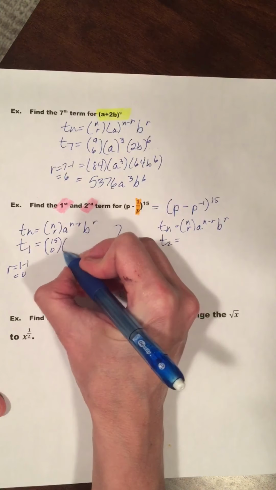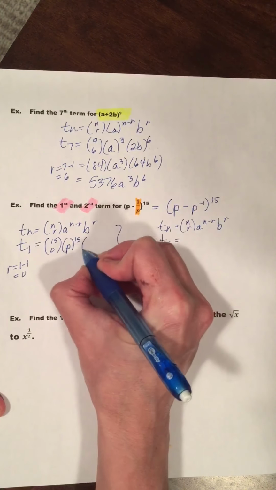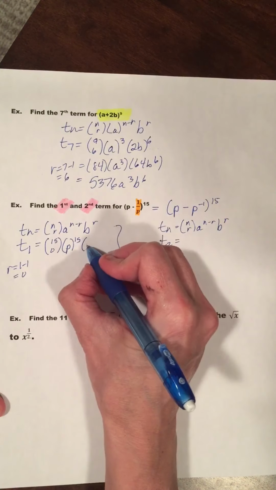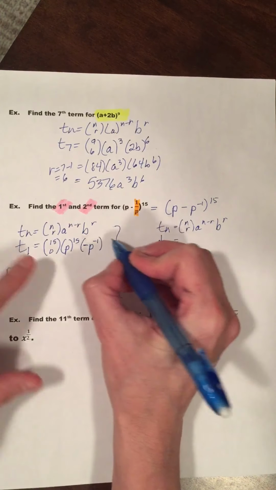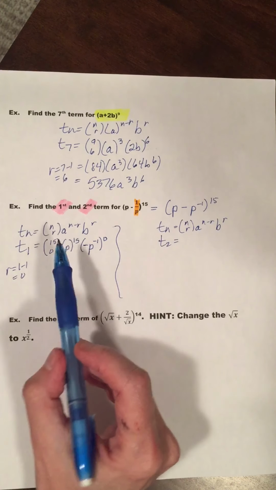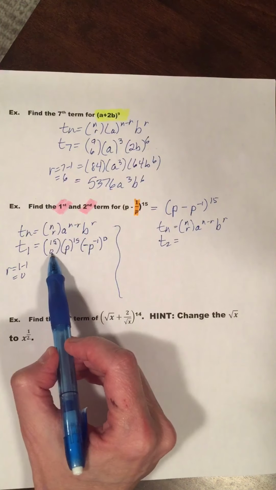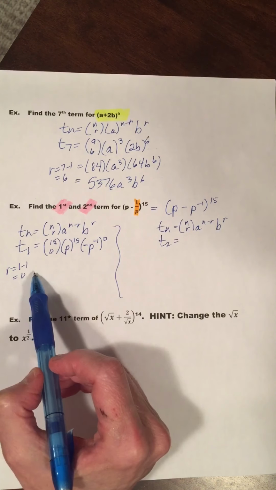a represents the p, 15 minus 0. Your b value is negative p to the negative 1, to the exponent 0. So n is your 15, r is 1 less than the term number, so 1 minus 1.